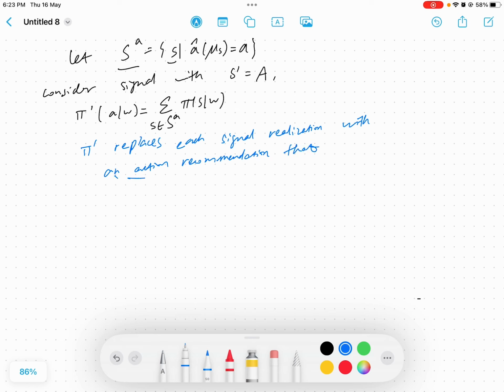So this action recommendation is induced by this signal realization. So this is the same signal realization.